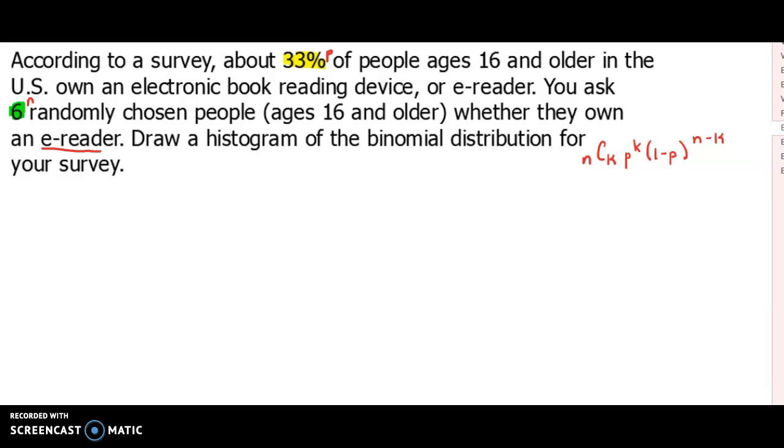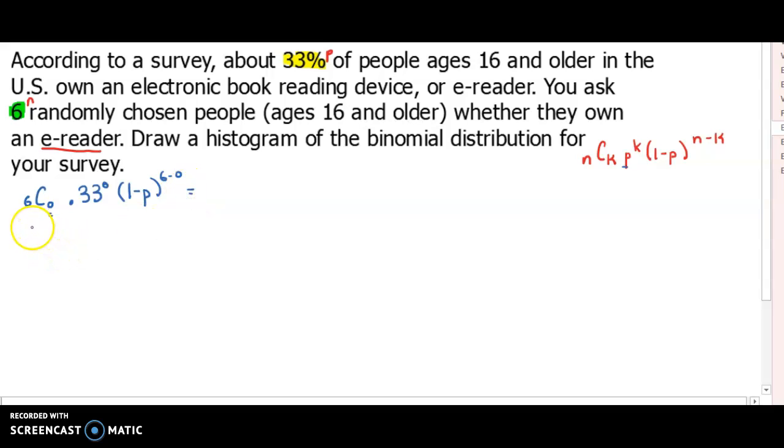I'm going to do that formula for each of those scenarios. The first one would be 6 choose 0, and P is my probability, 0.33. 0.33 to the K, in this scenario K is 0, times 1 minus P to the N minus K, or 6 minus 0.